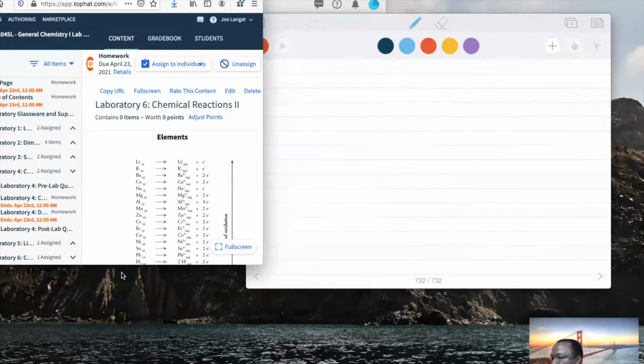Suppose we have aluminum plus nitric acid. What will it form?